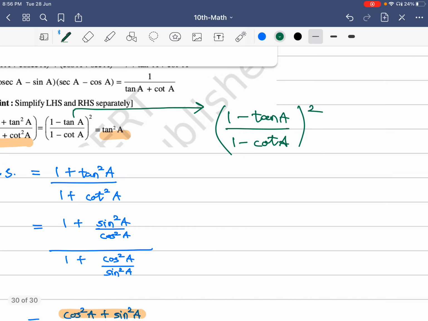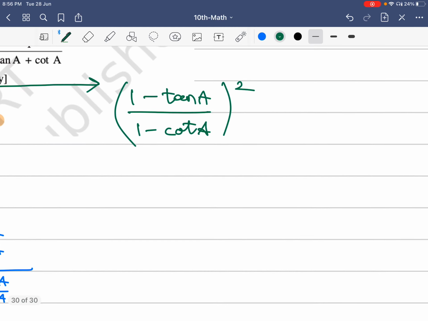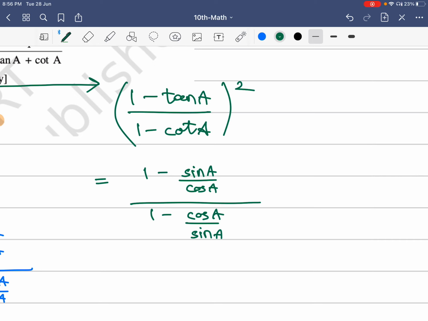Once again we are going to convert everything into sine and cos, and let's see what happens. So this is going to be (1 minus sine A upon cos A) divided by (1 minus cos A upon sine A), and this whole square. Don't forget the whole square.